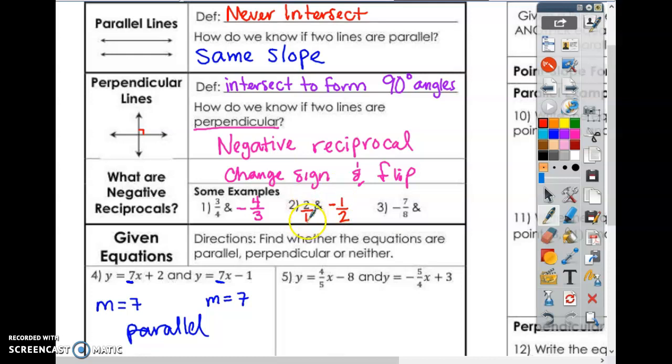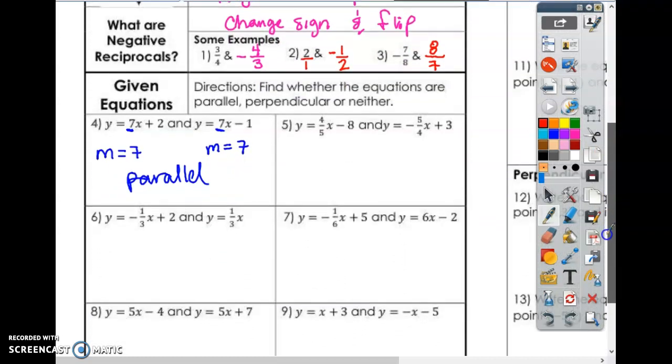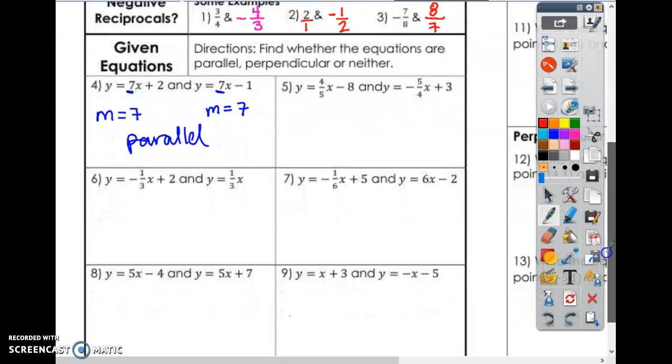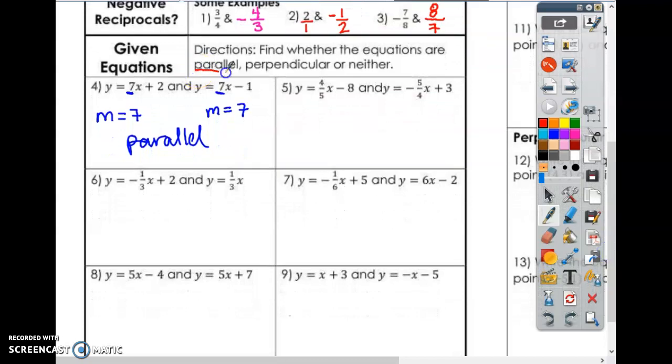If it doesn't have a number underneath, just put it over 1. What about this one? If it's negative, what is it going to be? Positive. If it's 7/8, what is the other one going to be? 8/7. Good job.